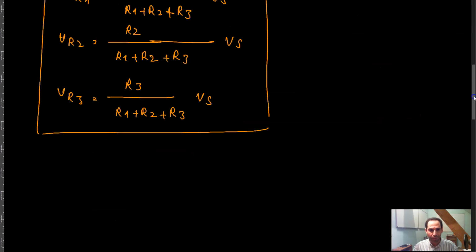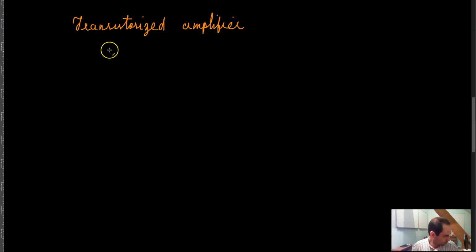Okay, so as a first example, let's say that in a transistorized amplifier, the battery supplies 9 volts.